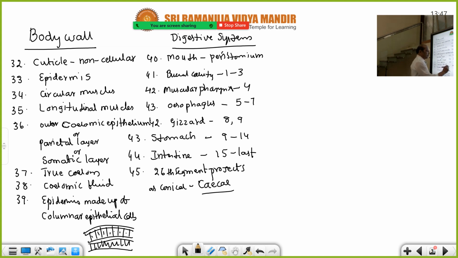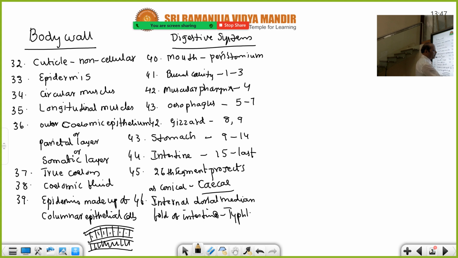And this is in this internal dorsal median fold of intestine, typhlosole. Typhlosole helps in the absorption of digested food.